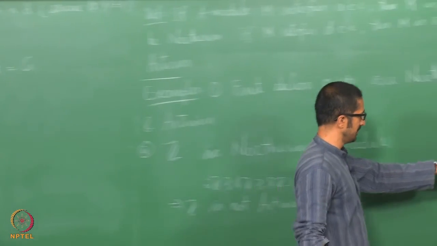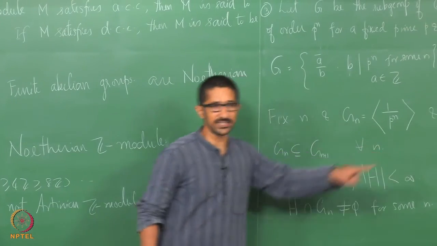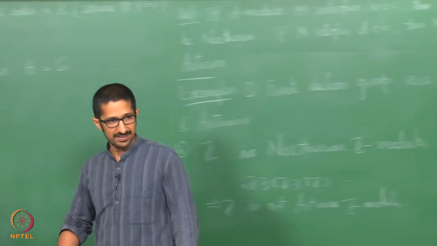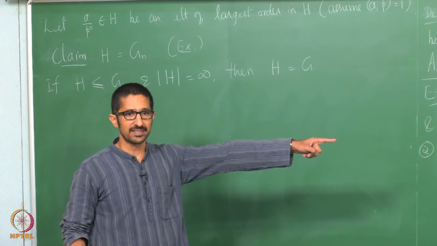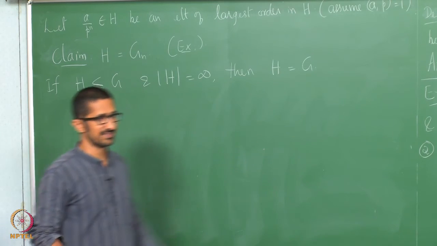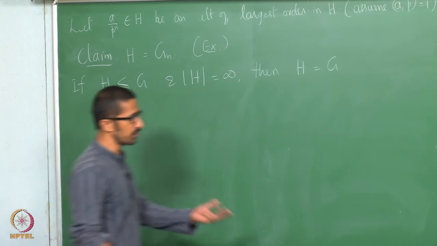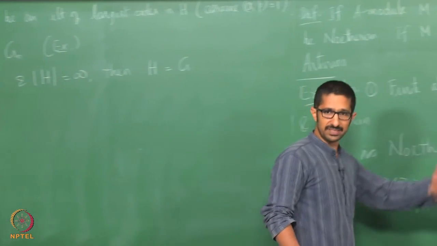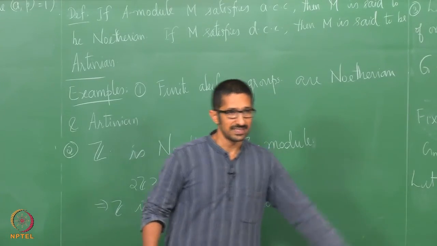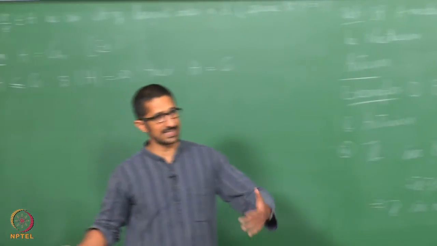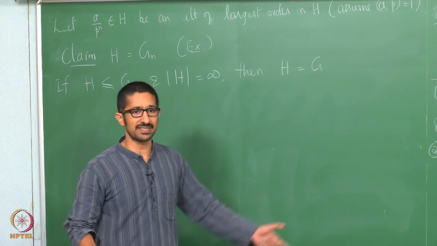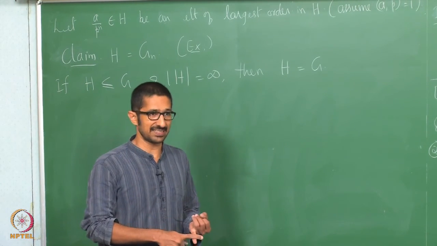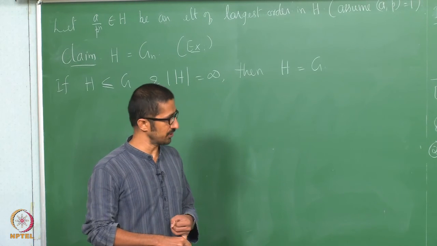Now, this is an ascending chain, right. So, that will never terminate. This is G1 contained in G2, contained in G3 and so on. That is an ascending chain that never terminates. Therefore, our G does not satisfy the ascending chain condition, it is not a Noetherian module.